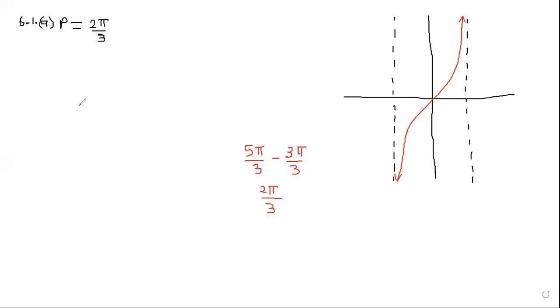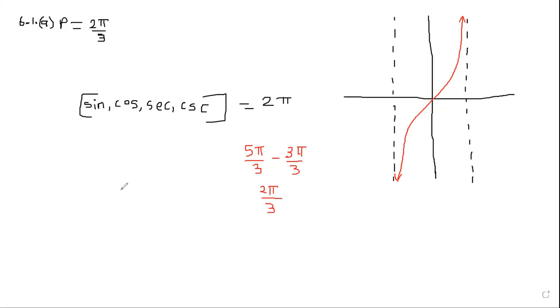So remember that we said that the period for all the other graphs, the sine, cosine, secant, and cosecant, these four, they have a period of 2 pi.